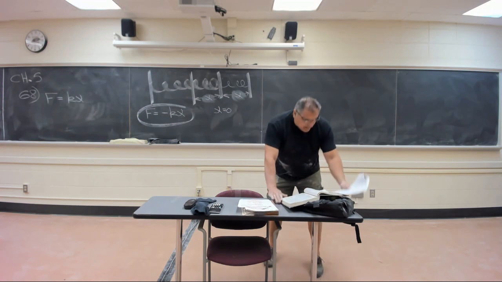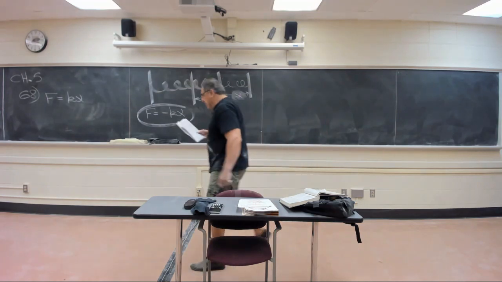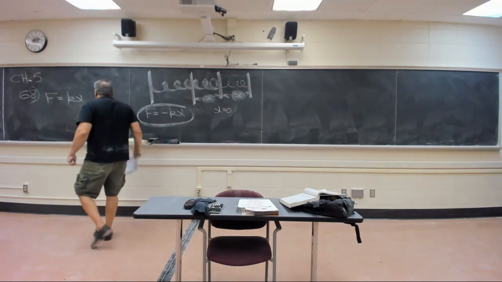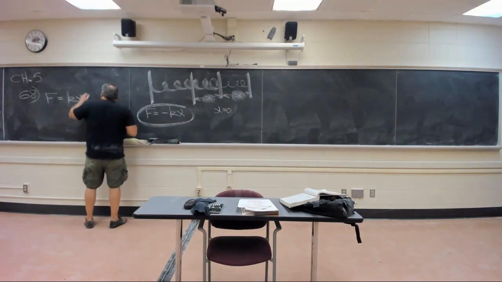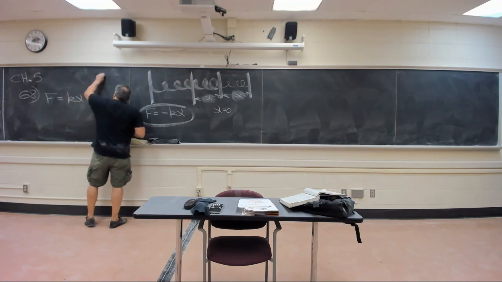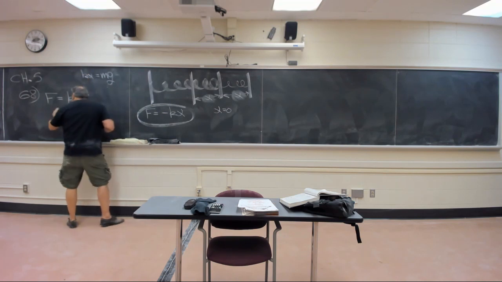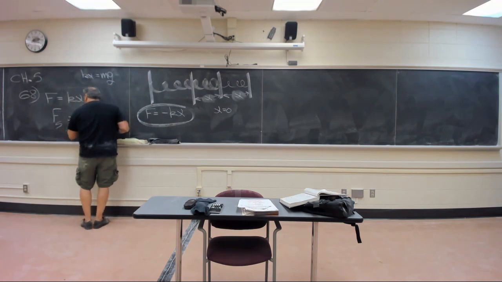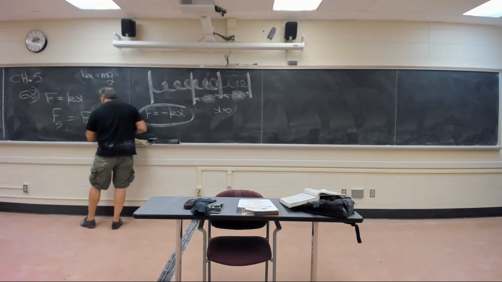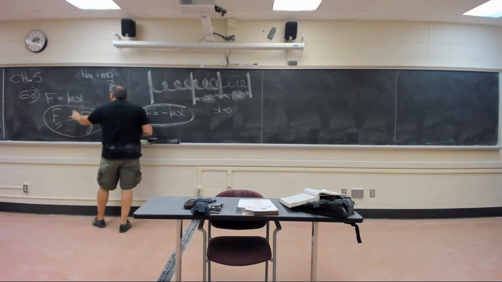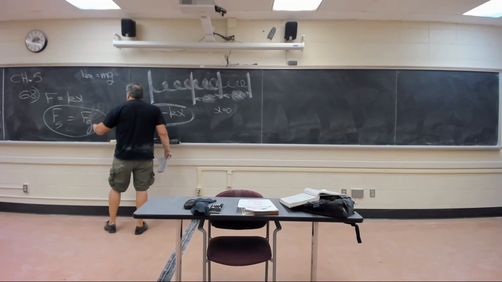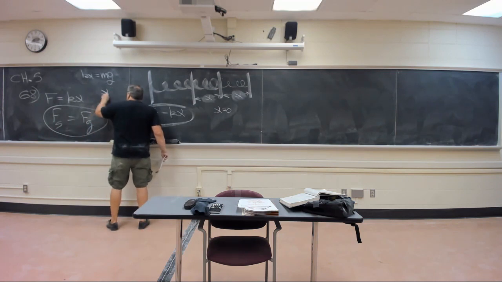What is the compression of the spring in that case? Okay, I got to talk to you. Do you understand that the weight of the boulder tells you how much compression there is? F of the spring equals F of gravity. Simple as that. Divide by k on each side.